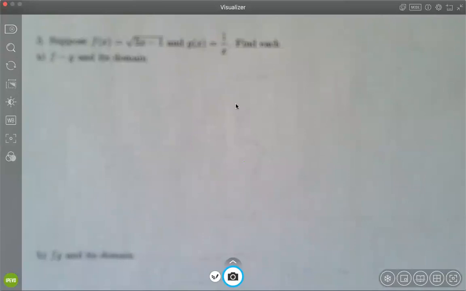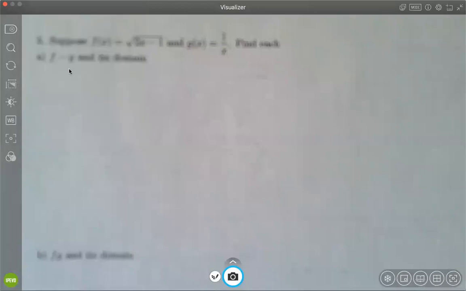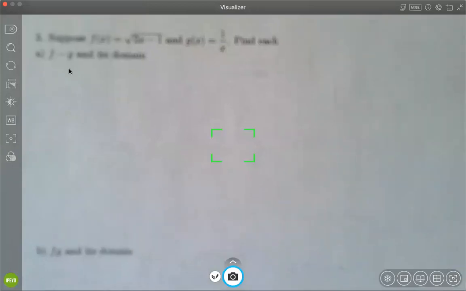So f of x is square root of 2x minus 1, and then g of x is 1 over x, okay? And now you have to find each. Try to fix it, but somehow it's not working properly.